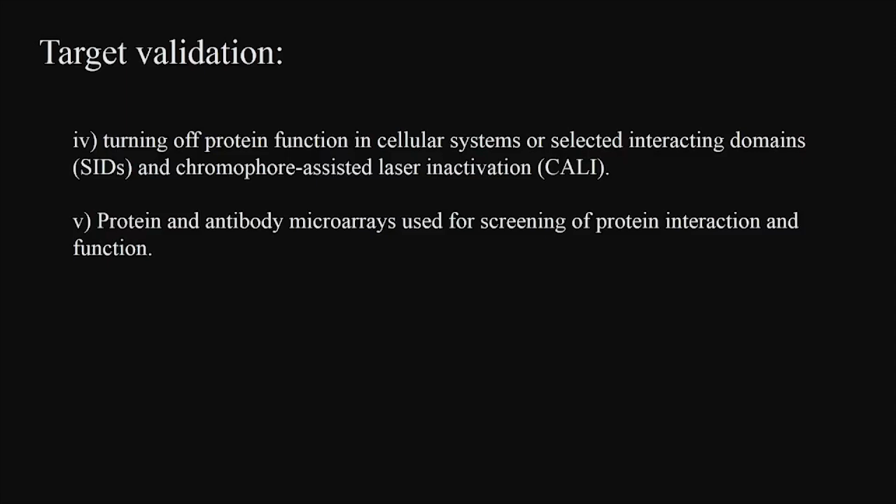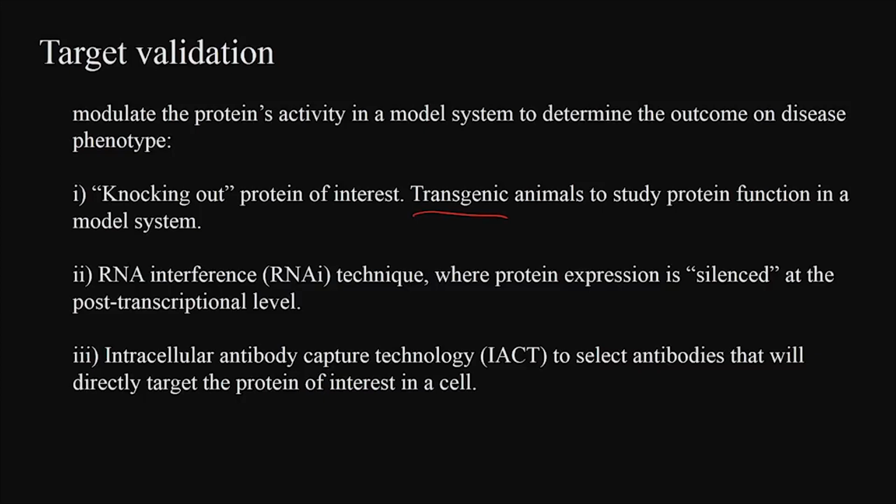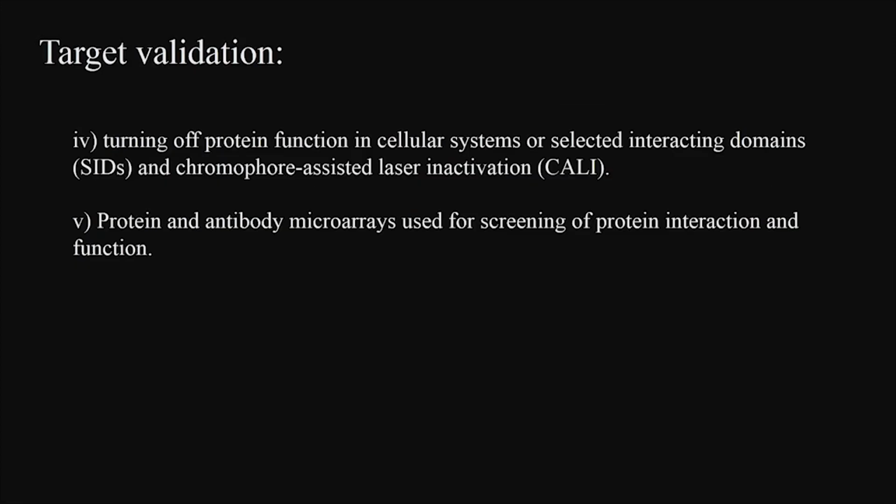First is target identification, but then you have to be very sure that it is your target of interest. So, there are many steps: knocking out the gene, which stops the production of the protein; then the protein expression is silenced; then you produce antibodies which will go and bind very specifically to that protein, so that protein is not available.